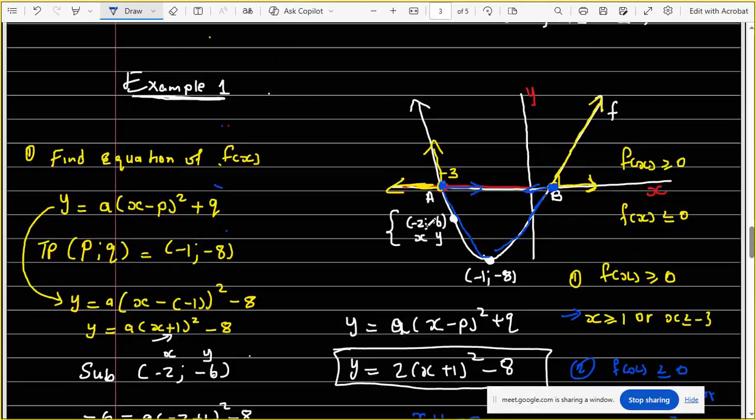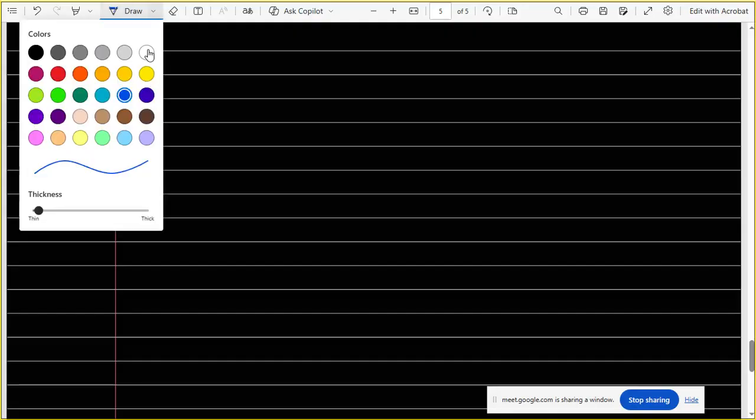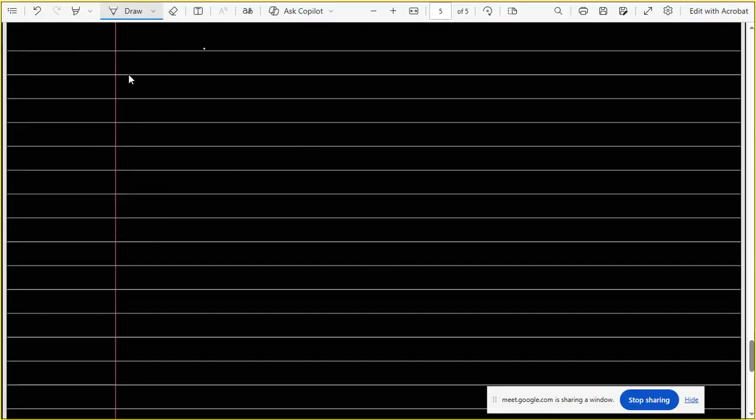Let me explain increasing and decreasing functions, then we can call it a night. So the last part of this lesson has to do with when they say decreasing or increasing function.